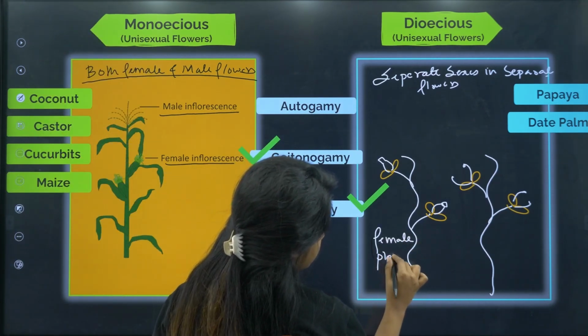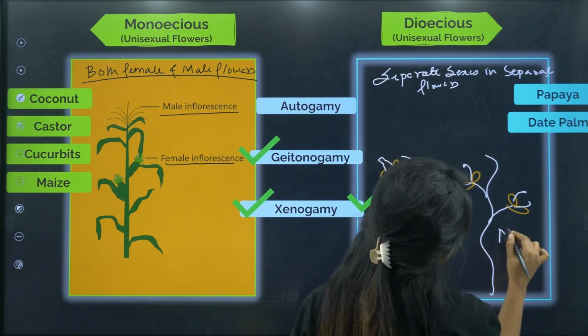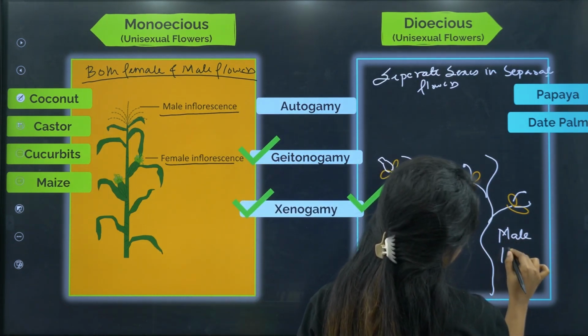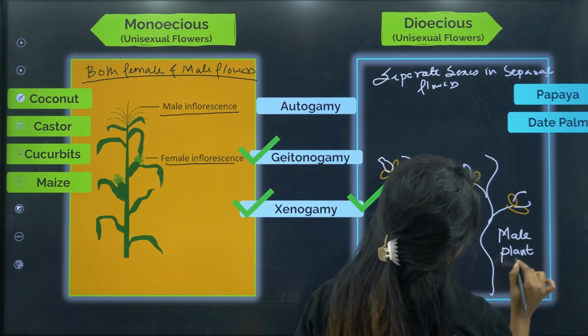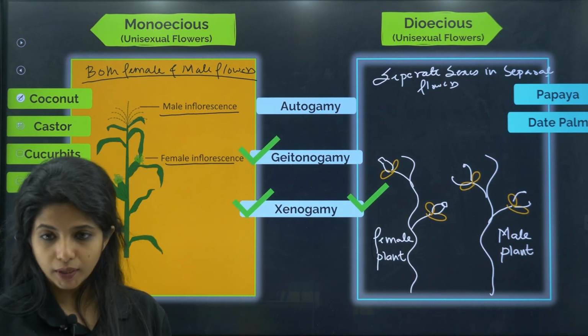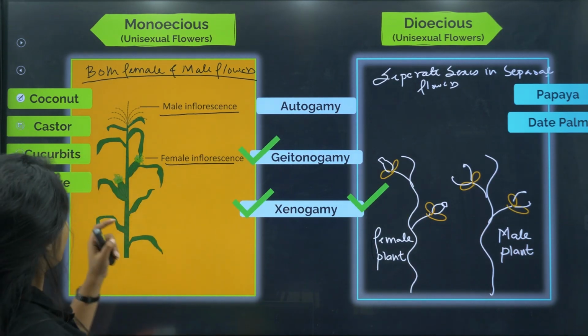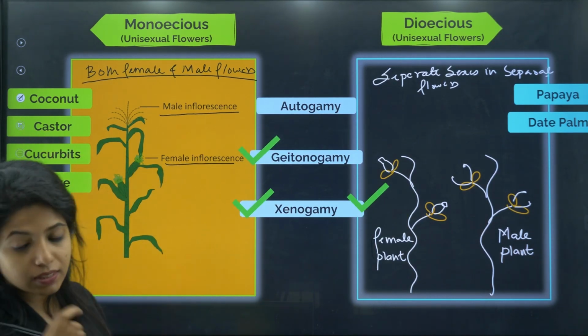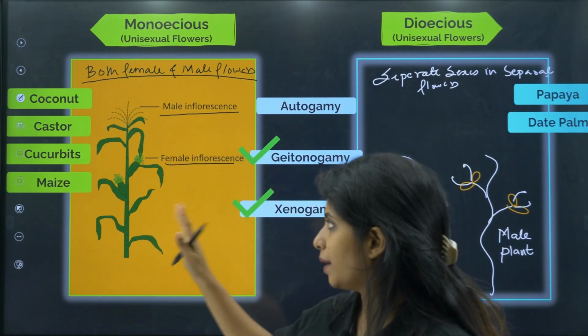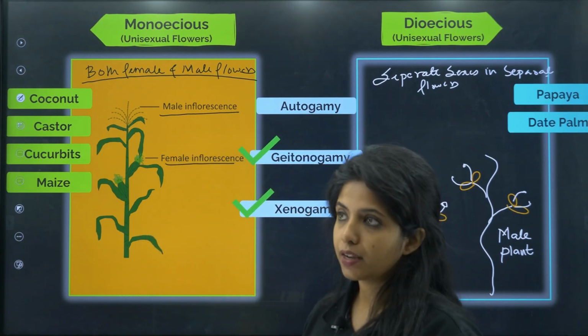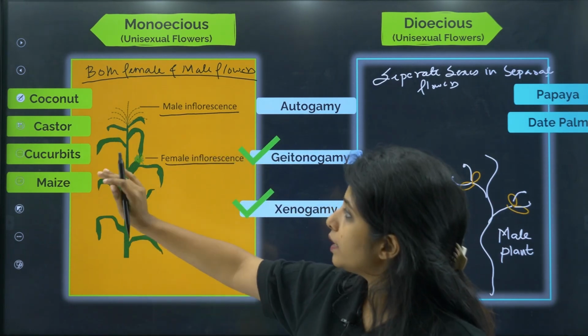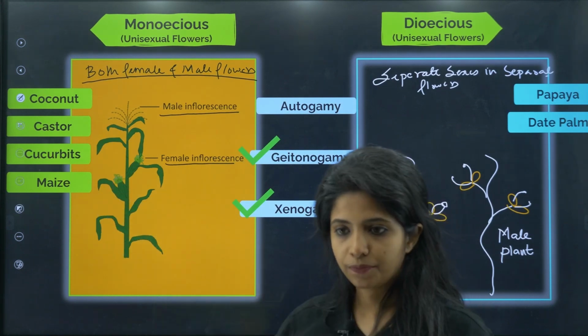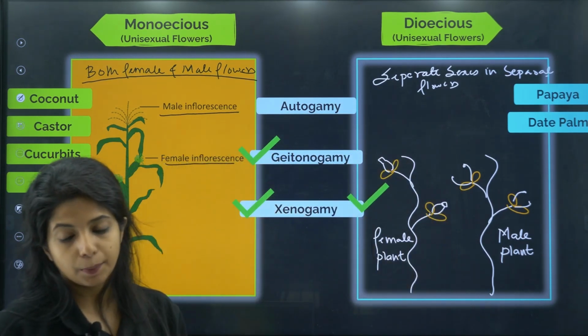Now examples: coconut, castor, cucurbits, three with C's and one M. CM, you can remember it like that, chief minister. So coconut, castor, cucurbits and maize, and over here you have papaya and date palm.